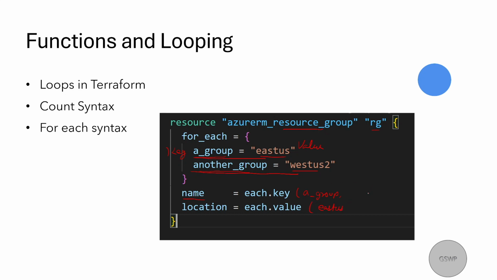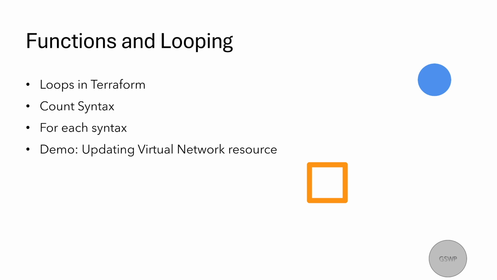In the second iteration, the name of the resource group will be another group, and the location will be West US 2. So this is how we are going to use the for each loop in our code.